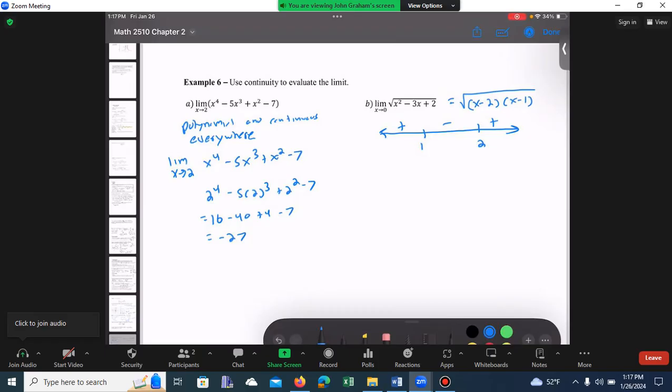So the domain is here and here. Our domain is from negative infinity to 1, including 1, and 2 to infinity. Now, x is going to 0. 0 is here. We're only concerned about the left part, since x is going to 0.